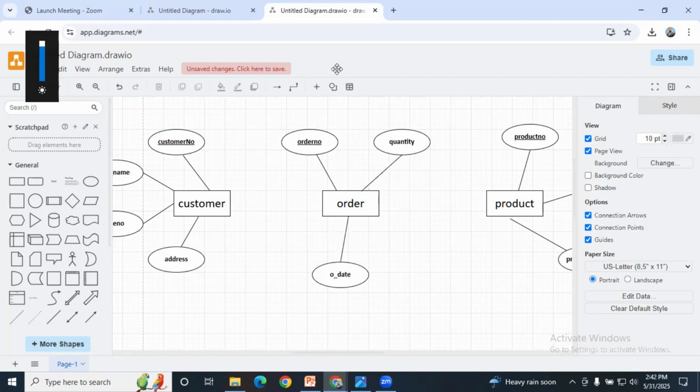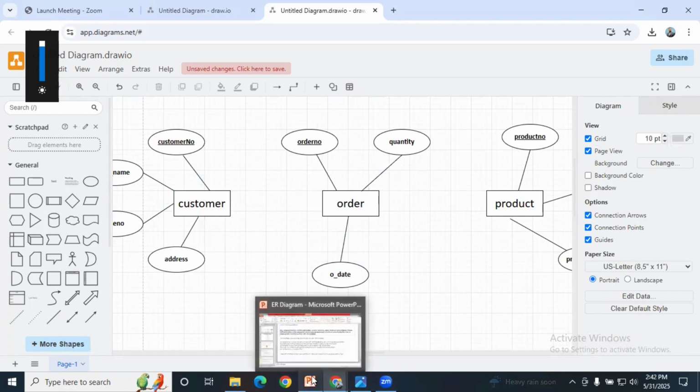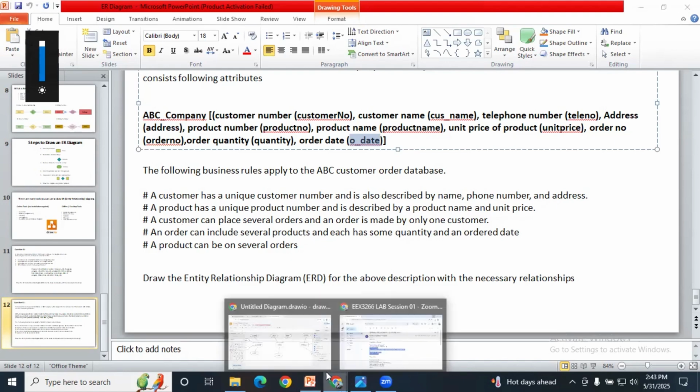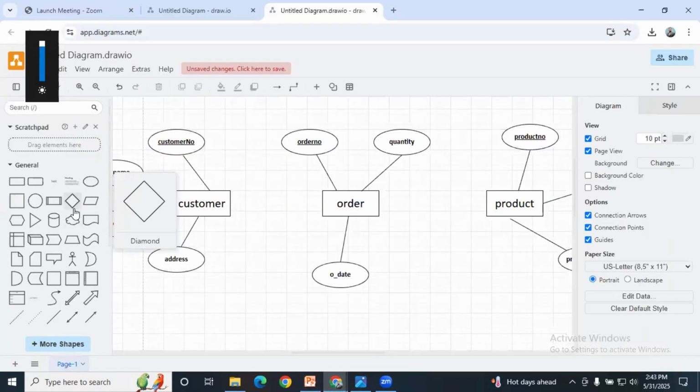Okay, so we identified the main three entities and we assigned attributes for those entities. The next thing is you want to create the relationships with other entities. In here, they are saying a customer can place several orders and an order is made by only one customer. So the relationship is between customer and order. What is the representing shape for the relationship?